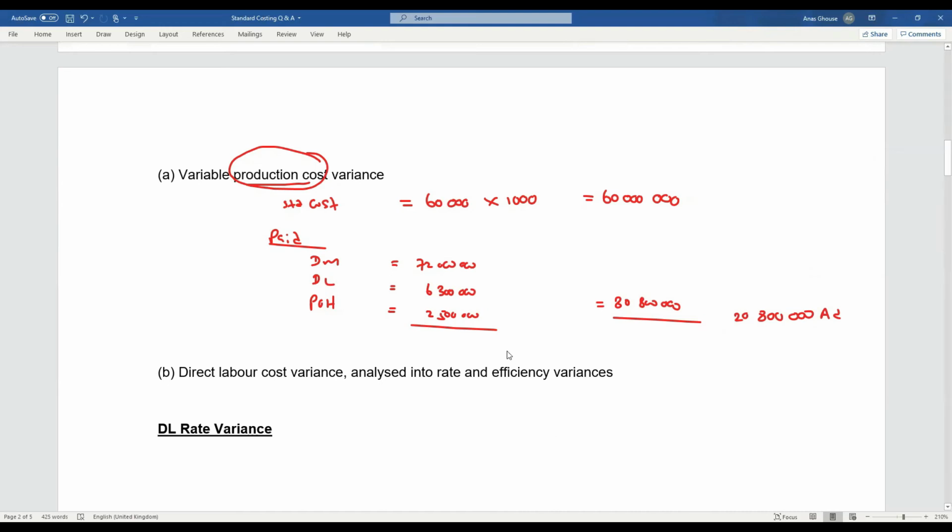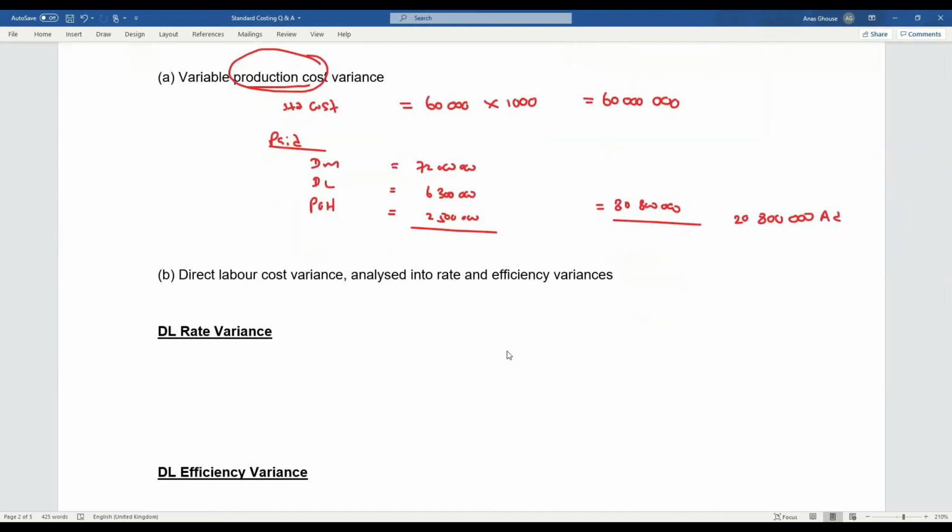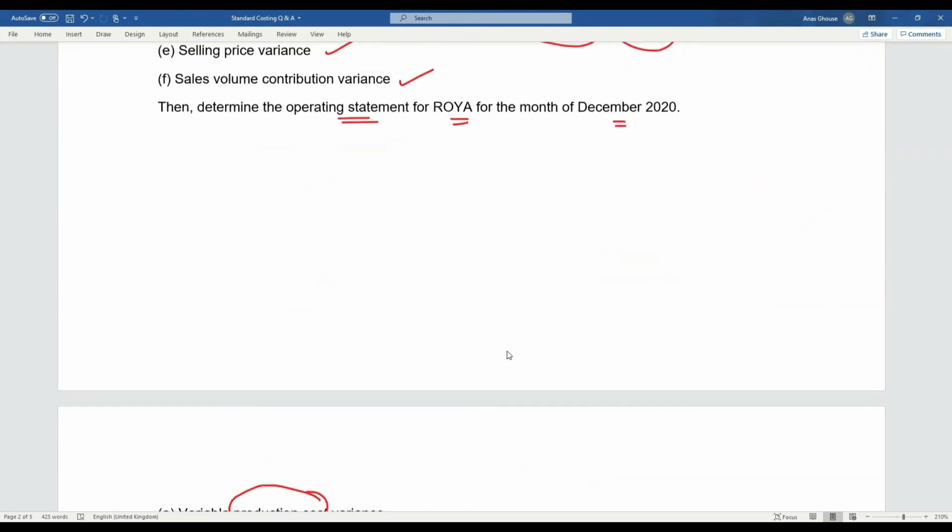Now basically the rate variance we have already calculated.